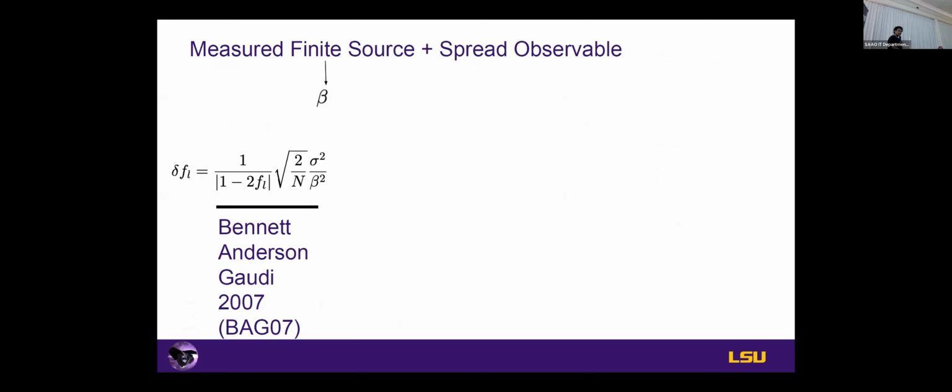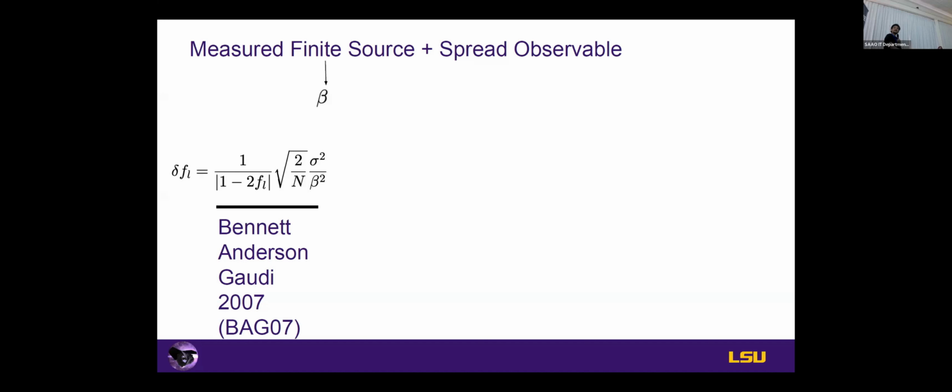So if you invert this, you get the uncertainty in the lens flux, assuming that the angular separation is measured using the finite source size effect. Then what will be the uncertainty in the lens flux fraction? This expression is widely known to quickly get an idea about the uncertainty in the lens flux.